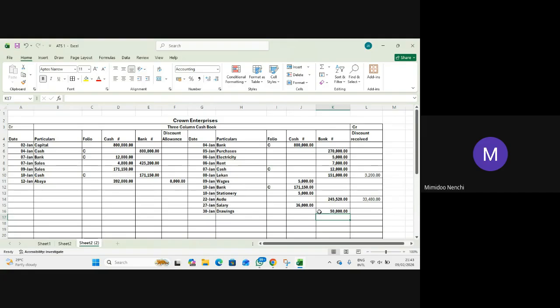On the debit side, we debit. Which account are we debiting and which account are we crediting? You know, here we have two transactions. Yes or no?